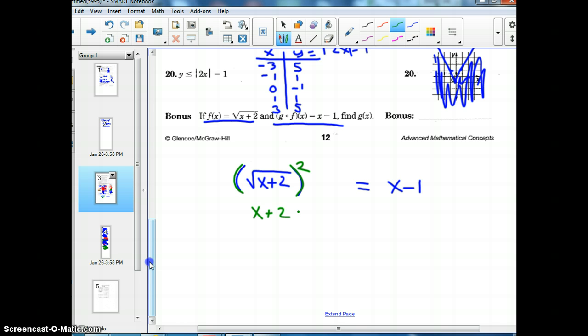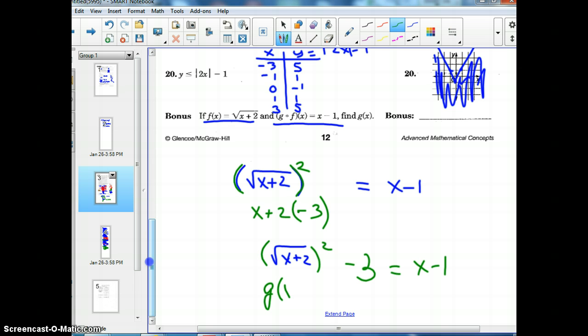Well, I would have to subtract 3 from that. So the g function would be something squared minus 3, and that's going to give me x minus 1 if I put the f of x in there, which is the square root of x plus 2. So g of x would be x squared minus 3.